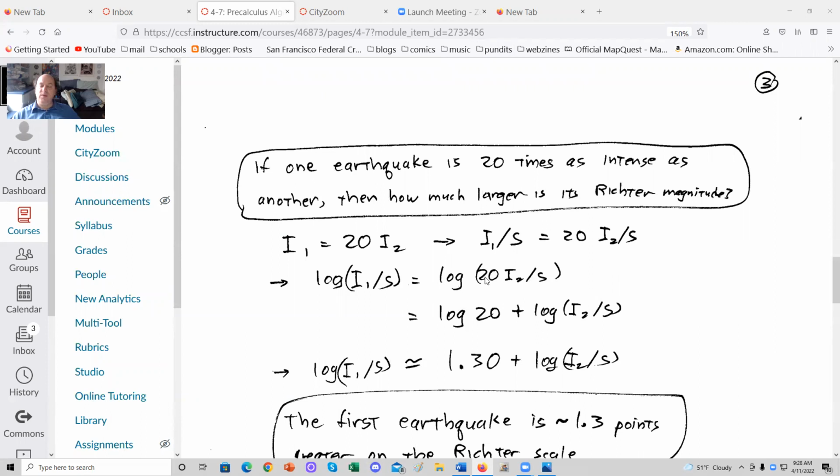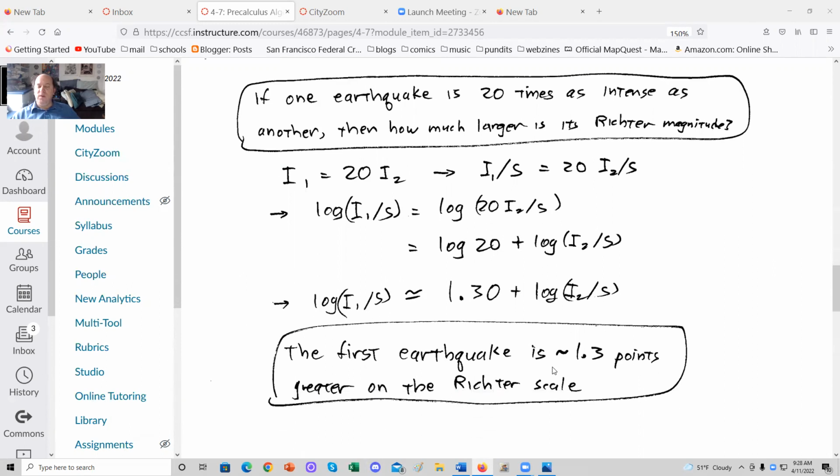And this log of 20 I2 over S is a product, so it turns into a sum of logarithms: log 20 plus log I2 over S. So log I1 over S, that's the Richter magnitude, equals 1.3, that's log 20, plus log of I2 over S. So the first earthquake is about 1.3 Richter points greater on the Richter scale.